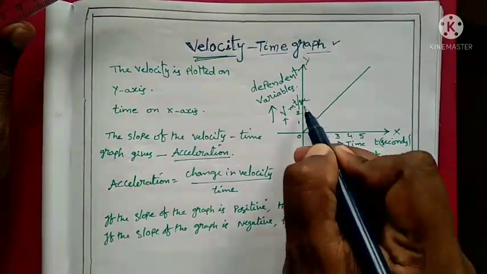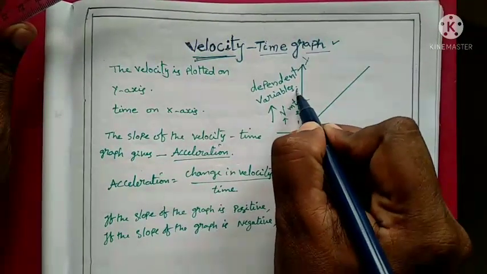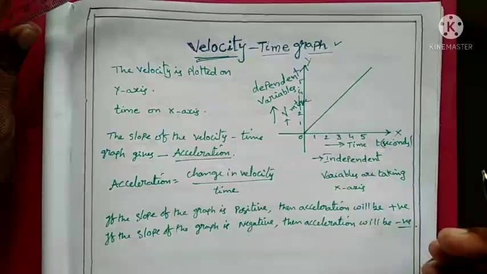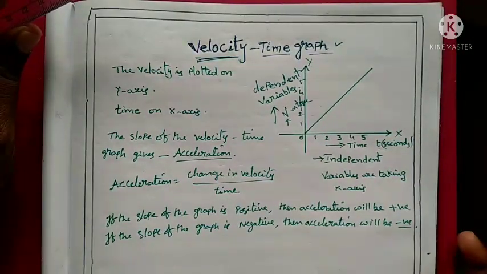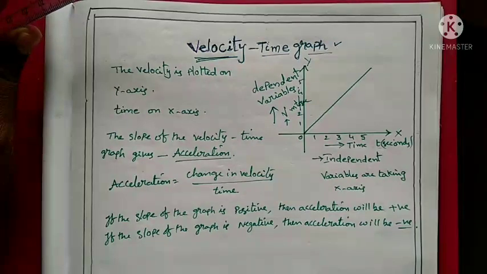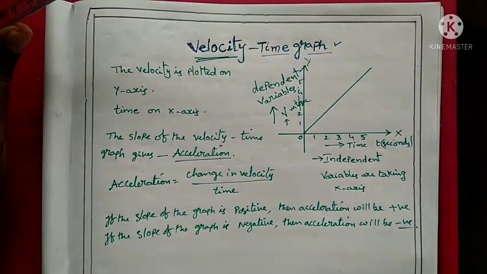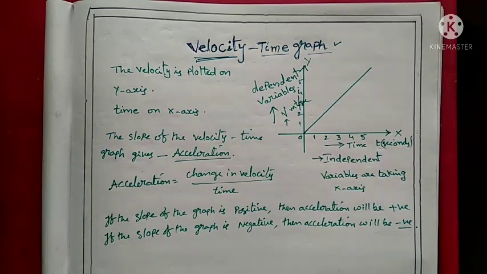If you take equal time intervals, equal velocities can be taken along the x and y axes. Don't forget: any values must be taken at equal intervals along the x-axis or y-axis.